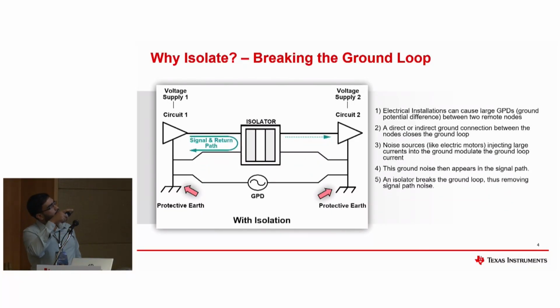The way the isolator helps here is that the ground potential difference still exists, but the isolator that we are using, and that TI provides, needs to be robust enough to handle that disturbance between the two ground nodes, which is specified in many terms as common mode transient immunity.